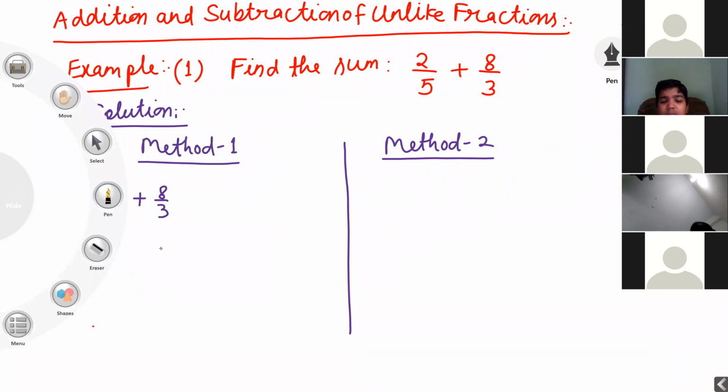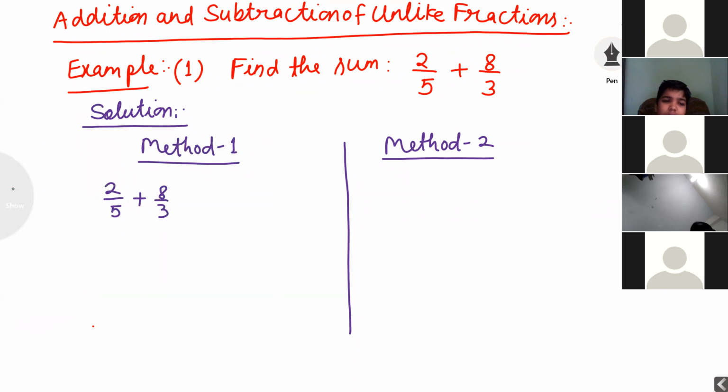Now, what is the cross multiplication method? 3 multiplied by 2 plus 5 multiplied by 8, divided by 5 into 3.